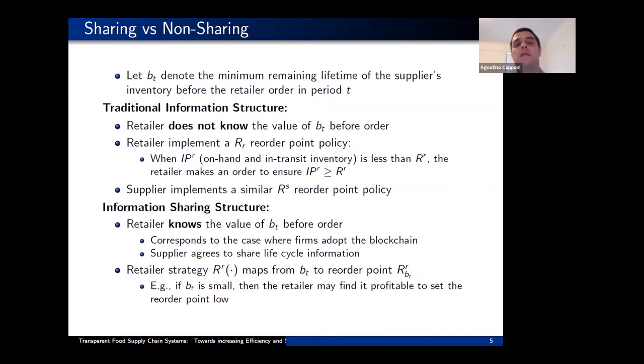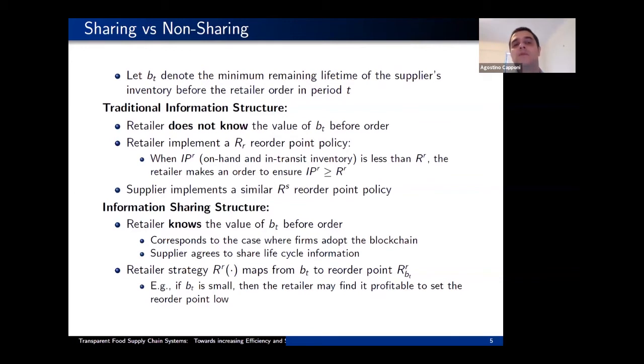We say that when the on-hand and in-transit inventory, which is denoted by IPR, is smaller than a specific threshold, small r superscript R, then the retailer will make an order in order to ensure that the inventory position is again above the reordering point. So it's basically a policy where you try to be conservative and you don't want your in-transit inventory to be too low. And the same will be applied for the supplier. So the supplier will also apply a similar policy.